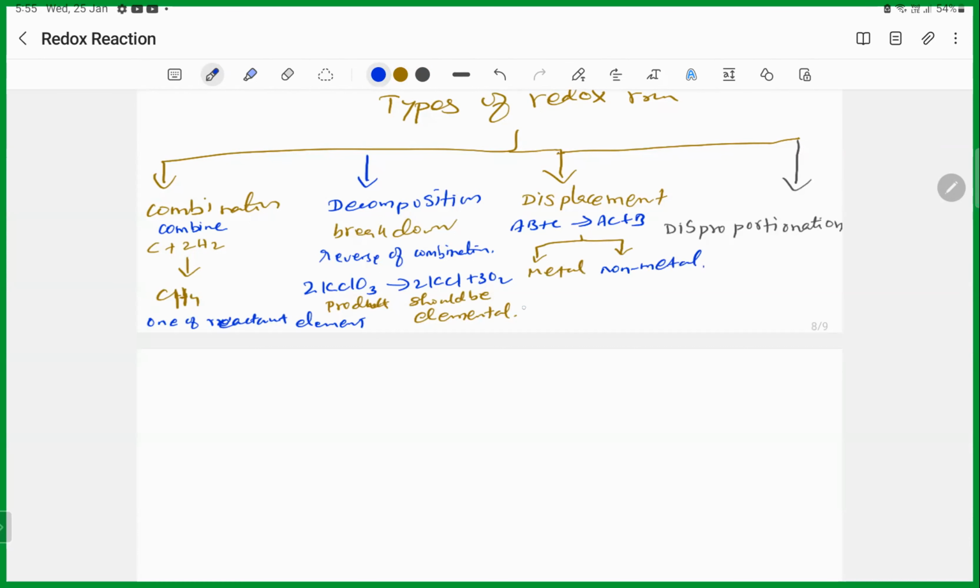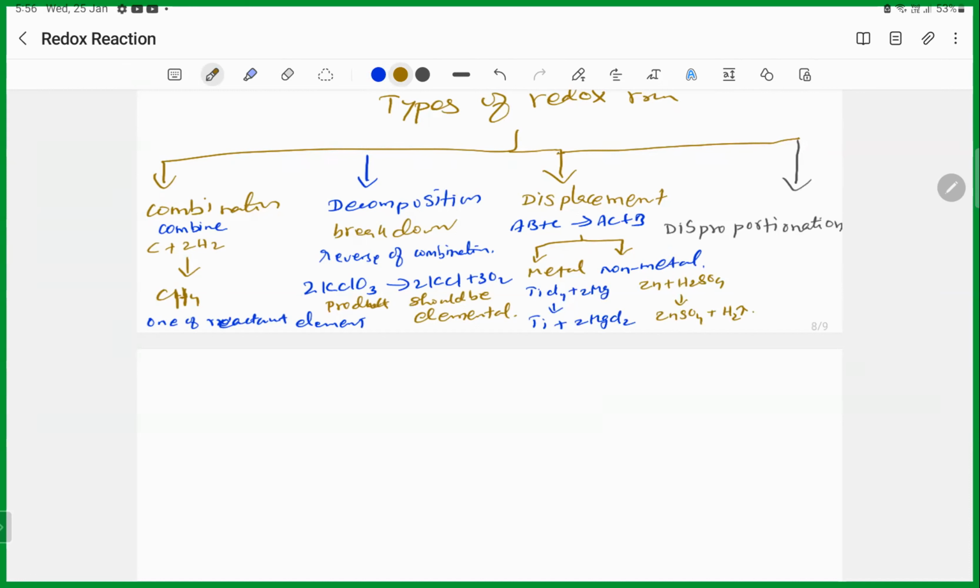Example, TiCl4 plus 2 Mg gives Ti plus 2 MgCl2. For non-metal displacement, zinc plus sulfuric acid gives zinc sulfate plus hydrogen evolution.